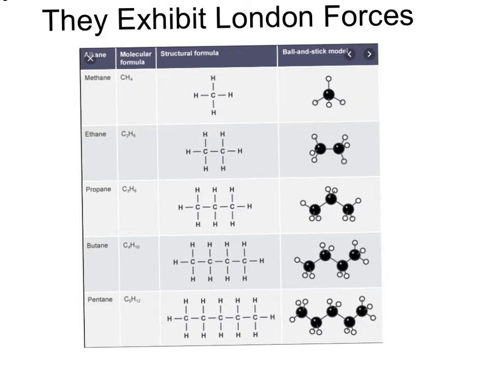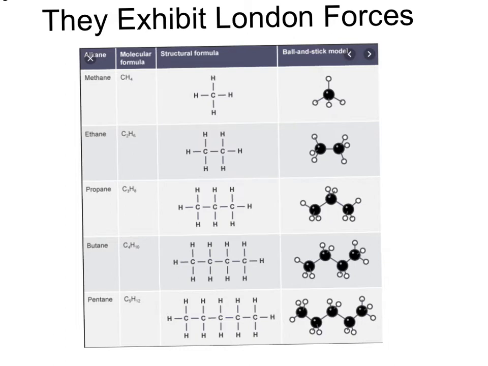Okay, so then here is the ball and stick model for ethane, and you can see it's depicting that it's tetrahedral as well. So this is sp3 hybridization here. Propane, all examples here, it's all sp3 hybridization because there's no double or triple bonds.